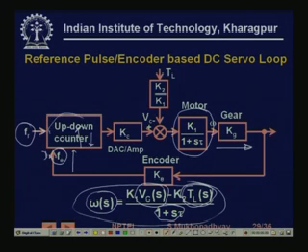The counter is integrating whenever it gets this, and it is coming down whenever it gets that. So the value of the counter actually indicates a position error. Based on that you are giving a control voltage and the loop is working. Inside the motor there is a speed feedback tachometer, we have assumed.